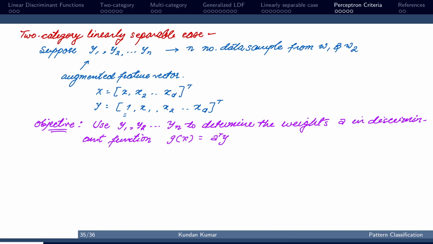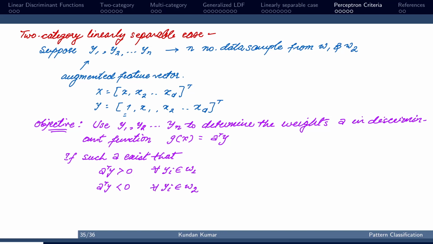Okay, and if such A exists, that A transpose y is greater than 0 for all data samples belonging to class 1, and A transpose y is less than or equal to 0 for all data samples belonging to class 2.